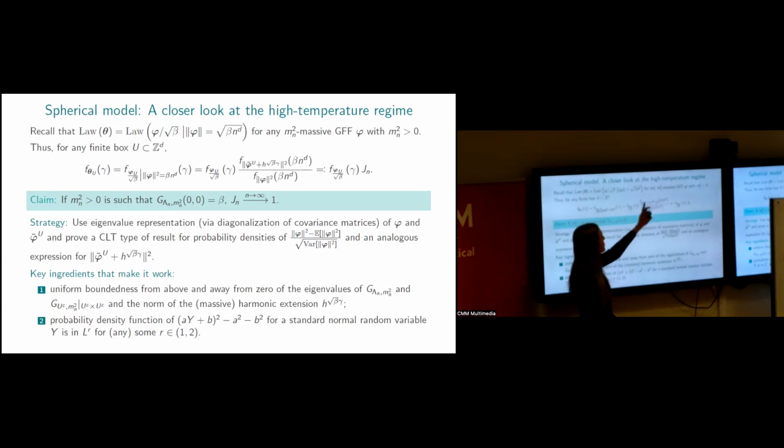And basically we get a ratio where we compare the law of the GFF with zero boundary condition on some fixed box U plus some massive harmonic extension, and this one is just the massive GFF on the torus. And basically, when m stays away from 0 in the limit, one can show that this ratio converges to 1. The idea behind it is quite simple. We just prove some sort of CLT type of result, but just for the density function.